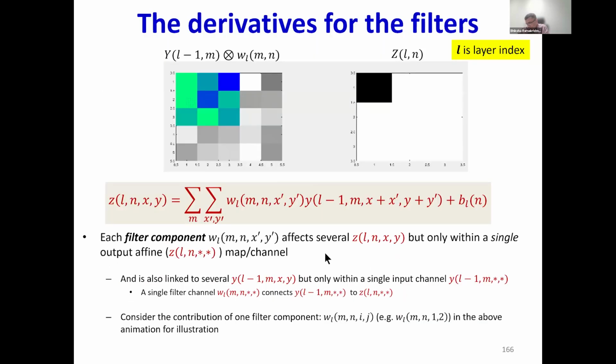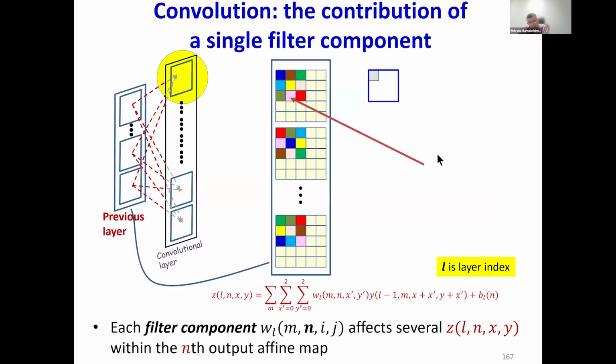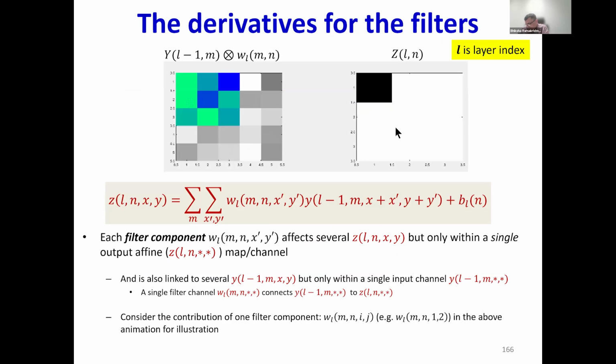Now, when I place the filter, in order to compute the output at any location, every filter element is used, and every filter element is used in the computation of every output location, right?